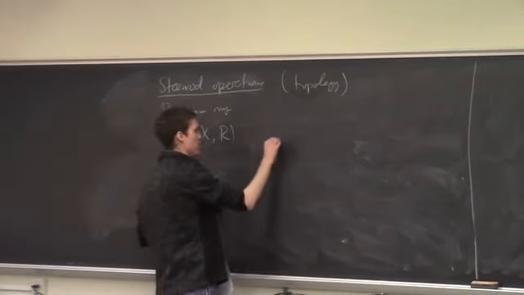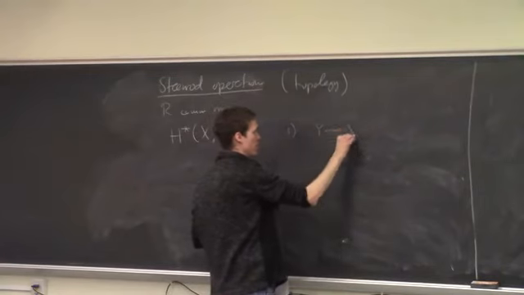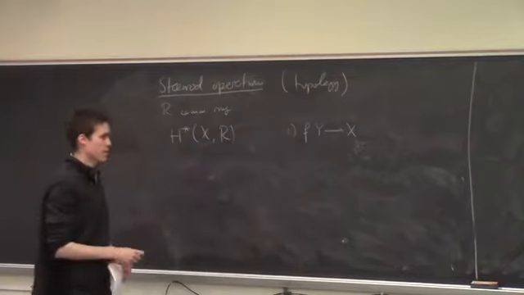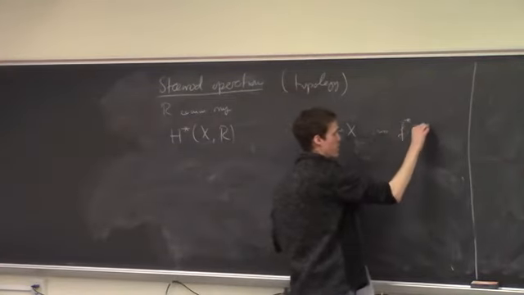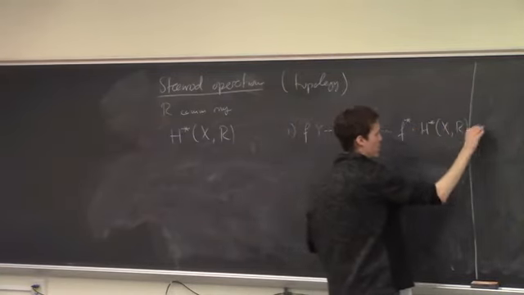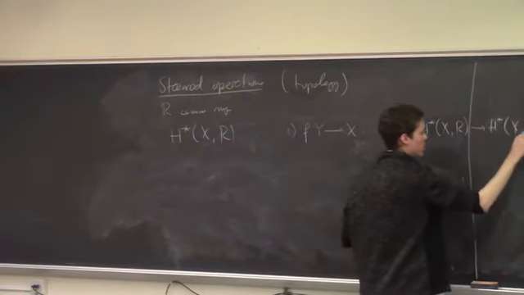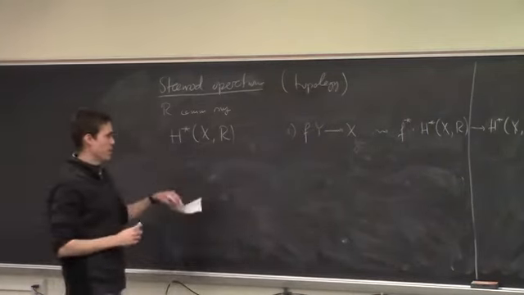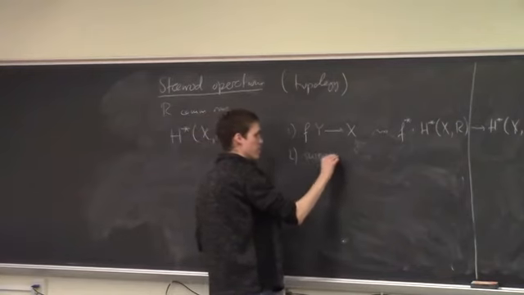The first one is that if I have a continuous map from Y to X, then I get a pullback on cohomology. So it's functorial in the space. Another thing that we have are suspension isomorphisms.